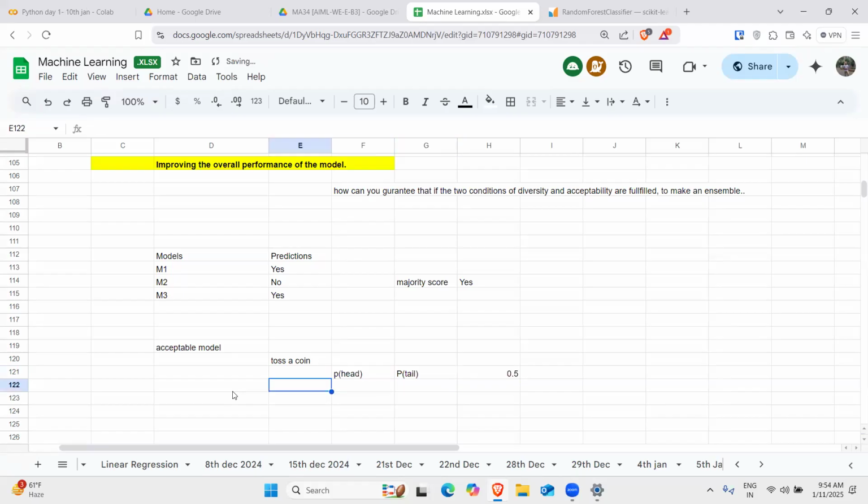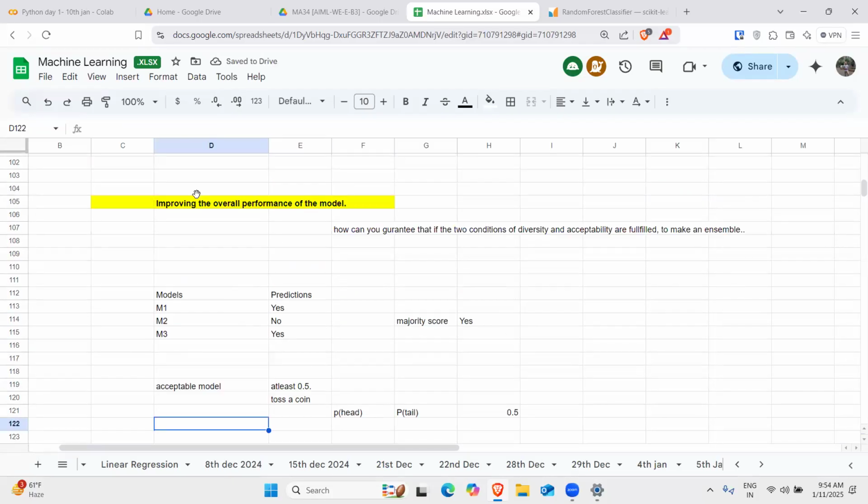And what we have discussed as a criterion is that your model is acceptable if it should have prediction of at least 0.5, that is half accuracy. So this can be your acceptable model, right? Now the third case: how does your model improve the accuracy, right?